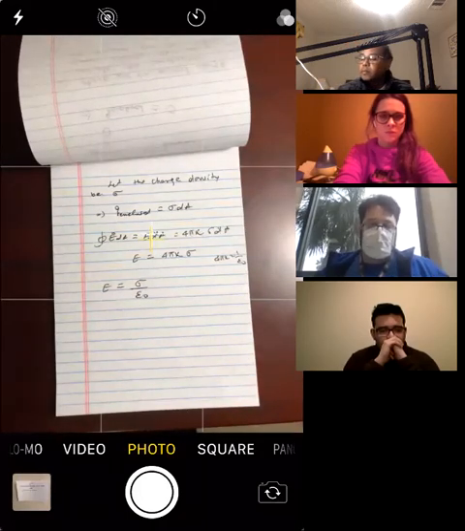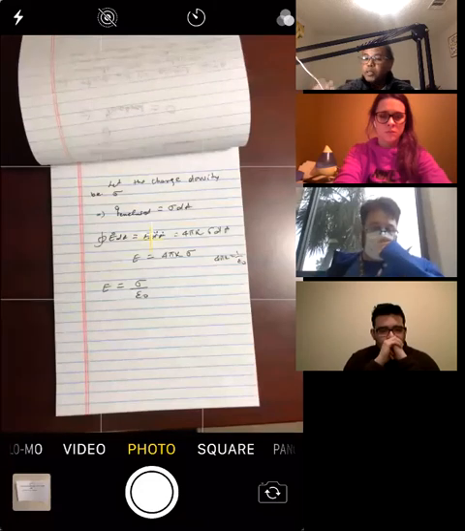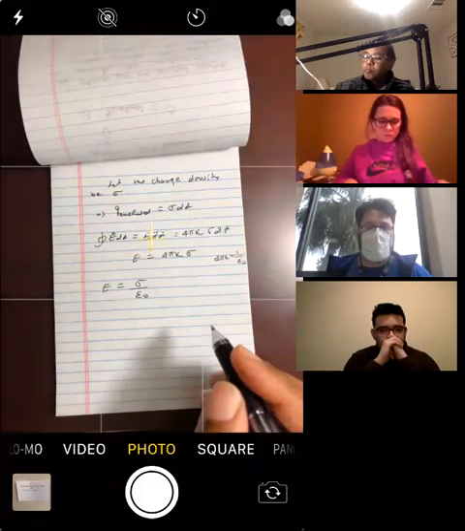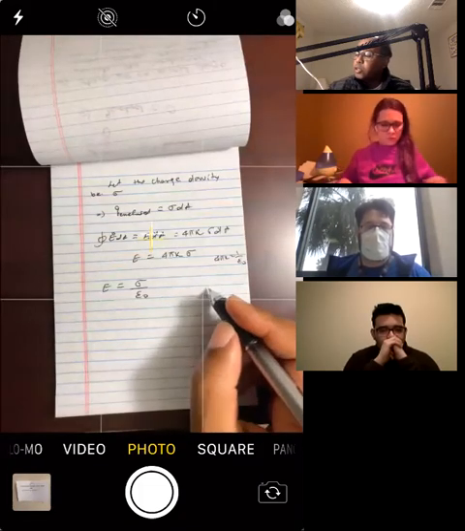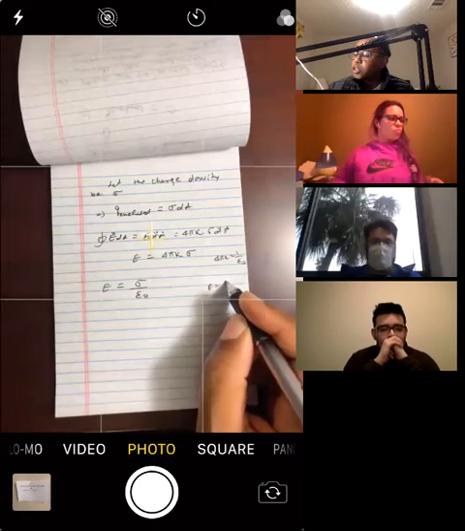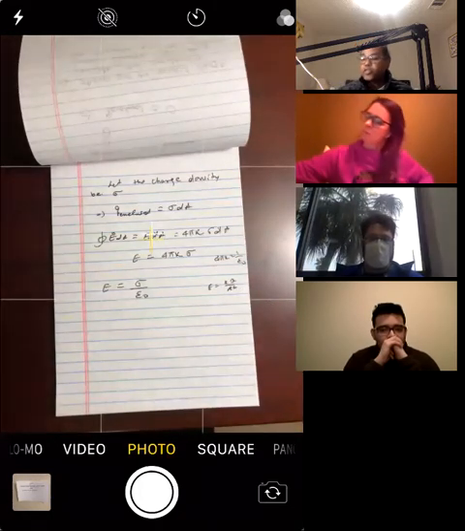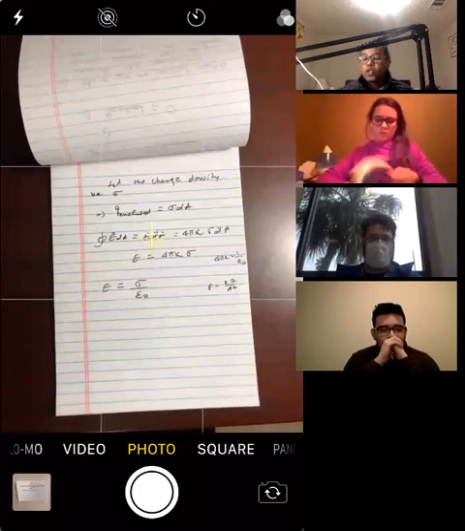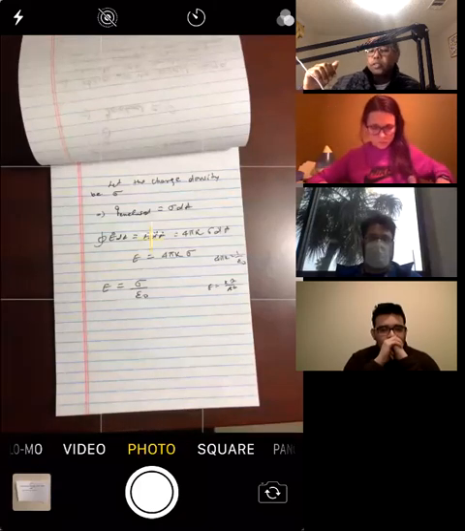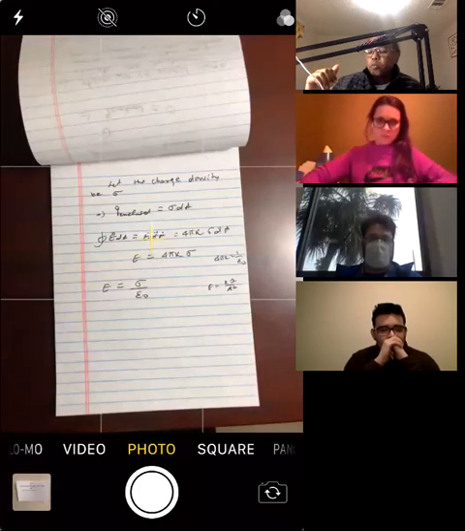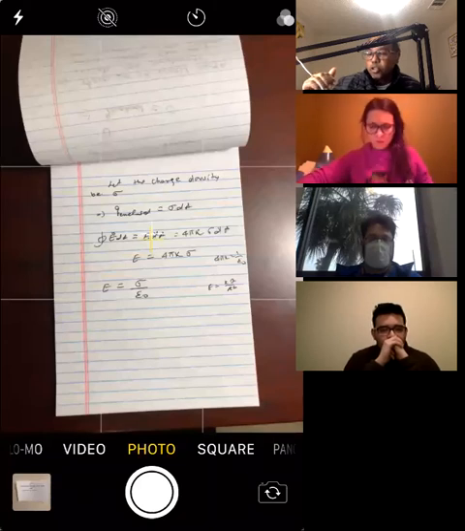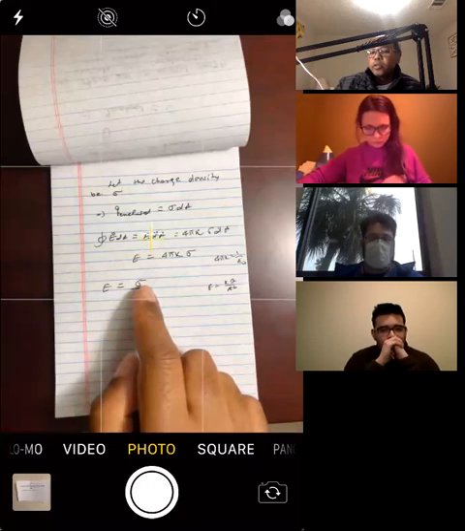But remember, the electric field depends on the curvature. You remember we did the electric field due to a solid charge or due to a shell charge. For a shell charge it looks like kq over r squared, where r is the radius of curvature.